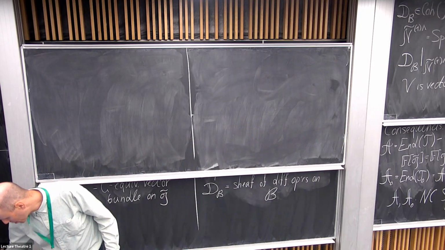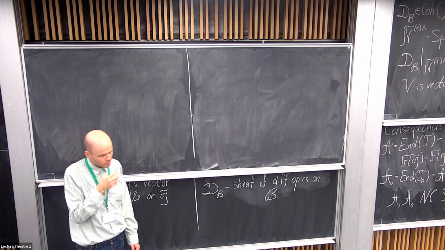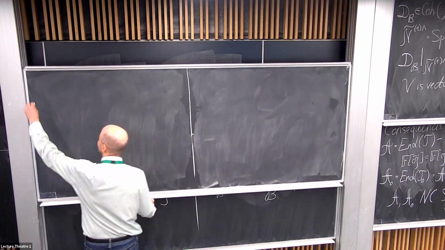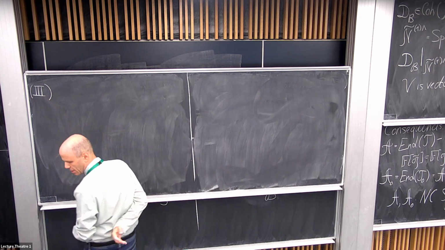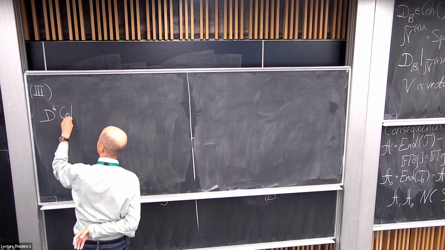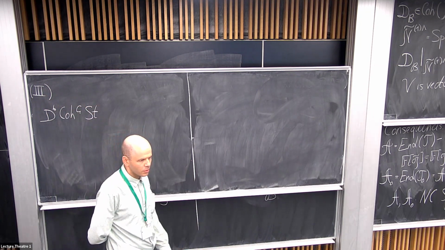Now I want to use this 1 and 2 to produce more elaborate derived equivalences, which are the ones that I actually need. And so here's the first one. It's going to be a functor from D^b Coh G of Steinberg. That's the category that I care about from the very beginning.